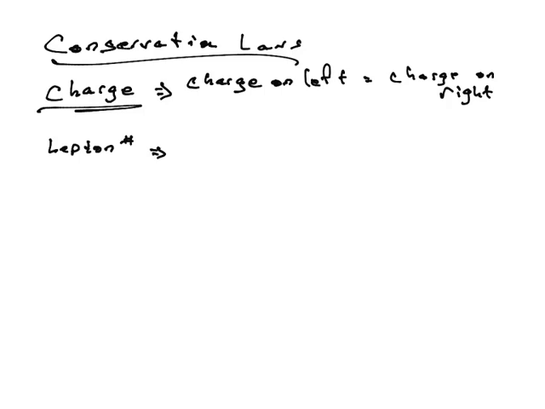So what do we know about these leptons? Well, there's the electrons, there's the muons, and there's the tau. Each one of these has a lepton number of +1. The antiparticles, so the positron, the anti-muon, and the anti-tau, they have -1 lepton number.